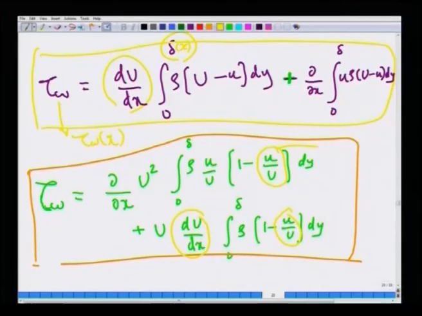We have to use sophisticated mathematical techniques to solve the boundary layer equations, but here we will be content with doing simple approximations for the boundary layer velocity profile, which will then give us how the shear stress varies as a function of the distance. We will stop here and we will continue in the next lecture and complete this discussion on momentum boundary layer analysis, integral analysis of the boundary layer.